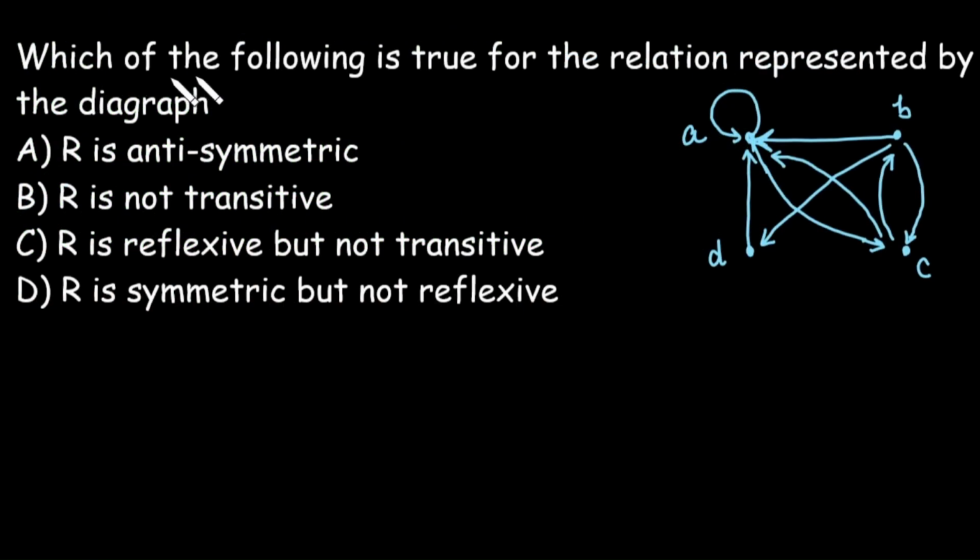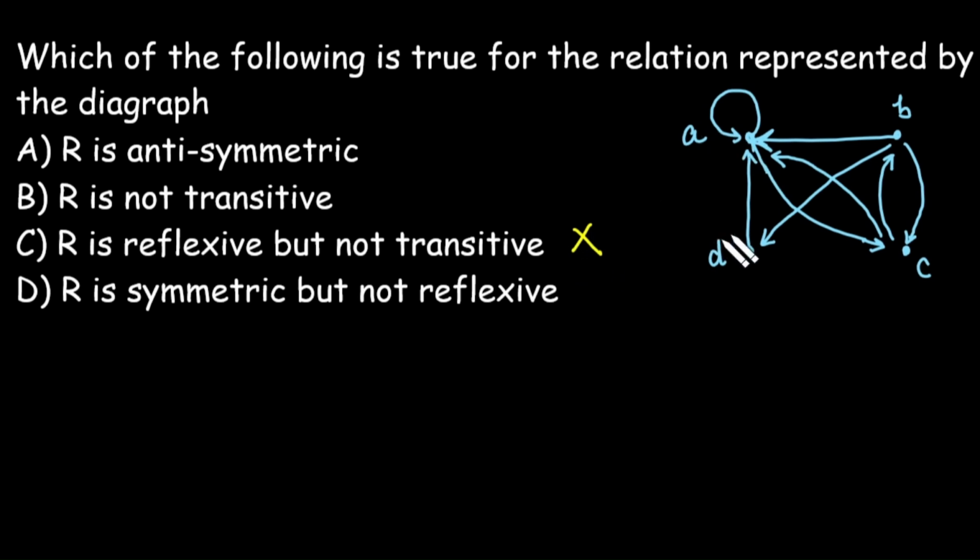Another question: which of the following is true for the relation represented by this diagram? Whether this is antisymmetric, transitive, reflexive but not transitive, or symmetric but not reflexive. For reflexive, we know that every element has a self loop. Right now, element A has a self loop, but not B, C and D. Clearly, this is not reflexive, so we can say that C is incorrect.